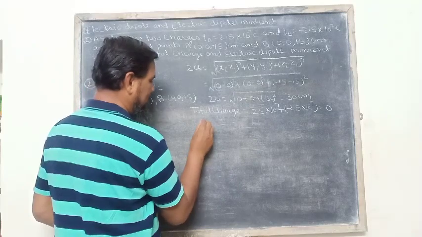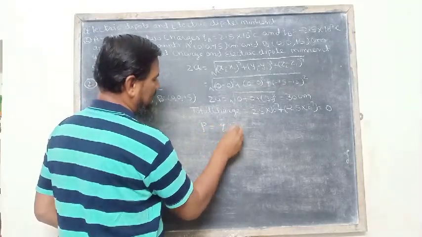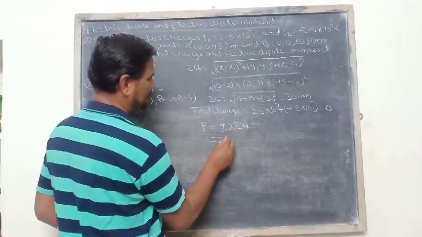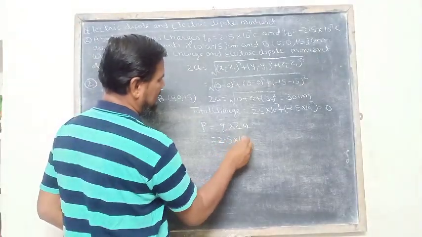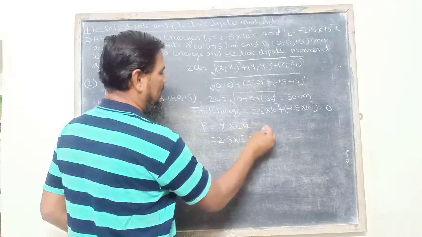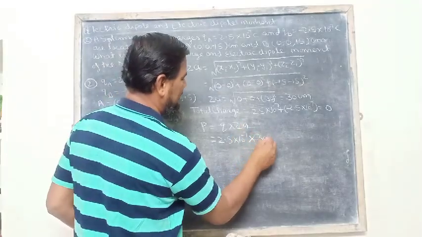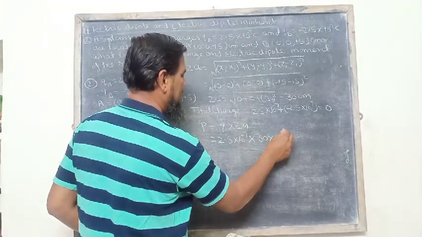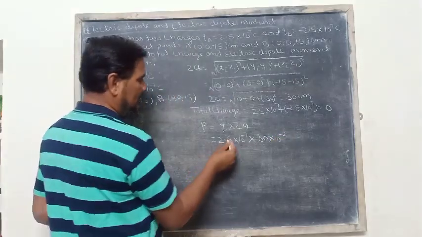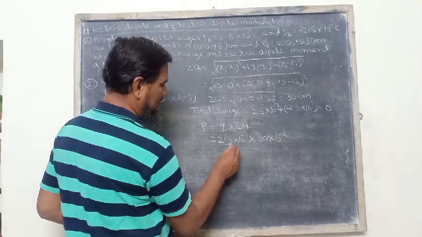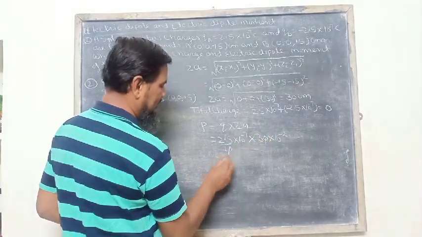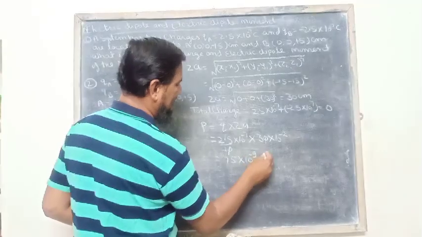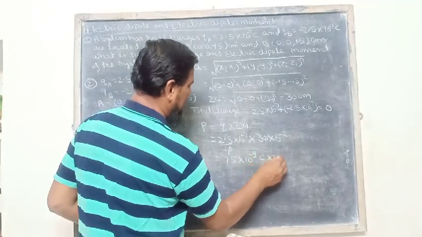And the dipole moment, again, P is equal to Q into 2A. Either charge has the value 2.5 into 10 raised to the power minus 7, and this is the separation, 30 centimeter. We shall convert it into meter, 30 into 10 raised to the power minus 2. When we solve it, 10 and 10 cancel out, giving 75 into 10 raised to the power minus 9 coulomb meter.